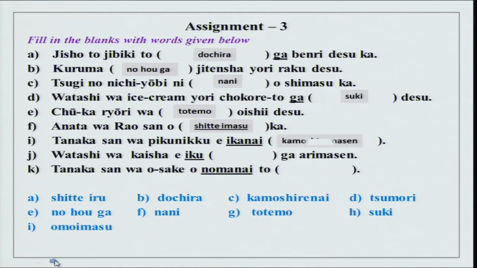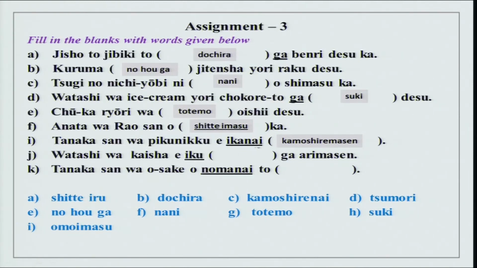Then Tanaka-san wa picnic e ikanai kamoshiremasen. This is something we did last time. Kamoshiremasen is used when you are not very sure, you are only 50% sure of what you are going to do, and before kamoshiremasen the verb will always be in plain form.